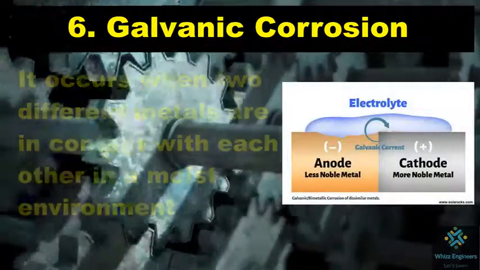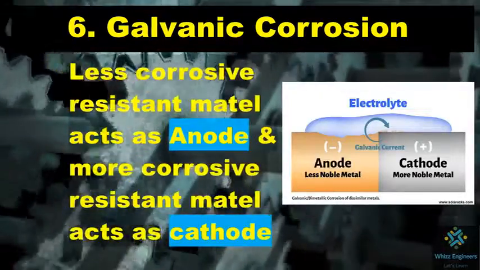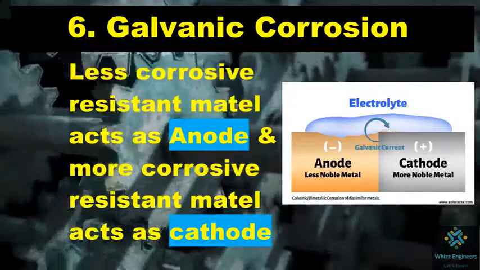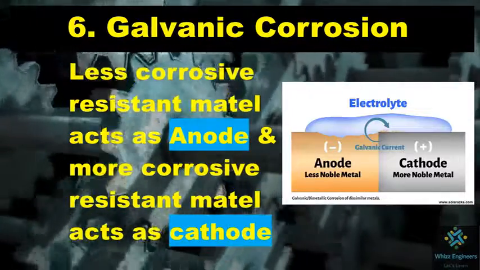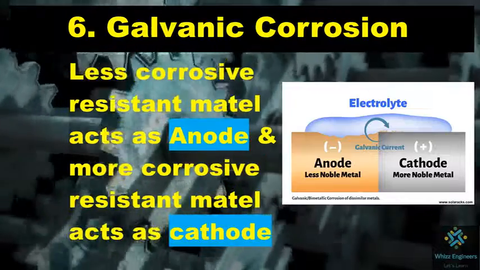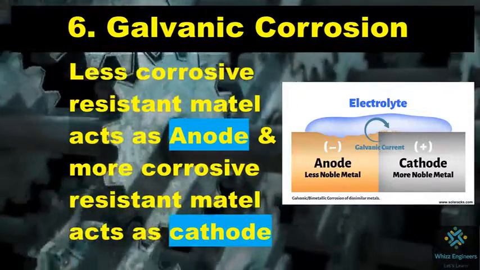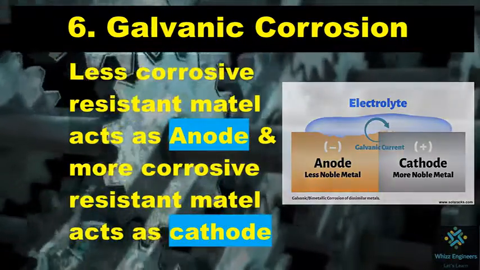In the electrolytic environment, the less corrosion resistant metal usually is affected more, because the less corrosion resistant metal becomes the anode and the more corrosion resistant metal becomes the cathode. That's why stainless steels are advised to be placed or worked in separate areas from carbon steel, galvanized steel or other such materials.